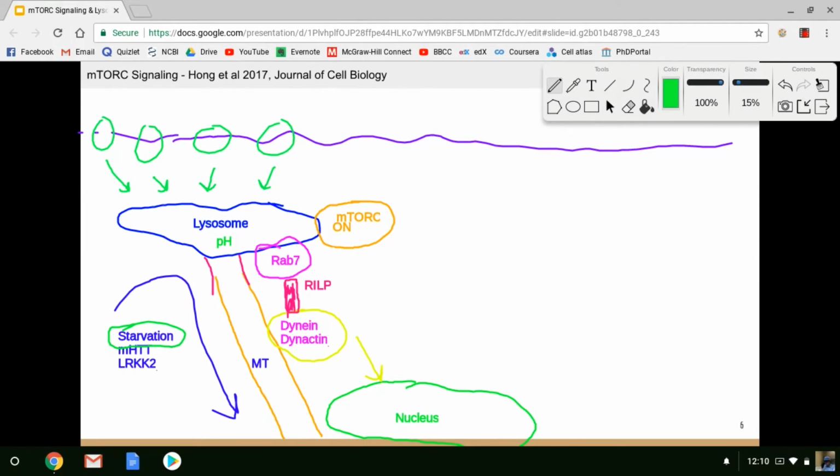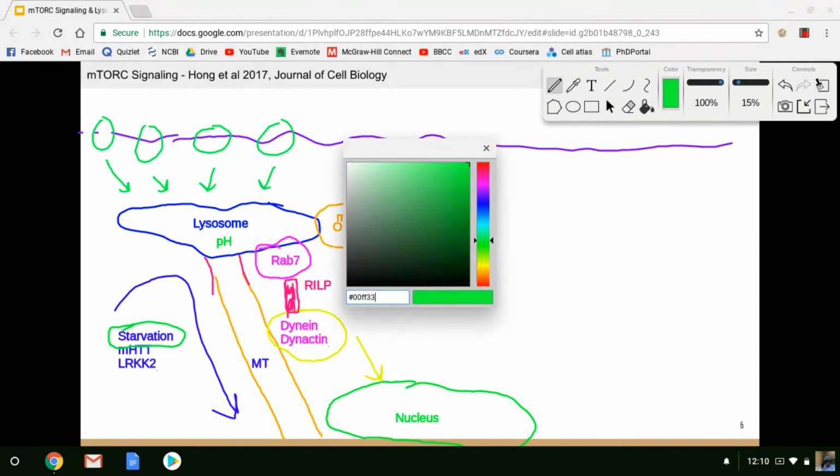And the lysosomal pH is a function of its internal amino acid content, because amino acids can power a V-ATPase. It can power a proton pump, which affects lots of things like ion concentration and membrane potential and obviously pH. But I'm not too sure about that, so I'm not going to get into it.